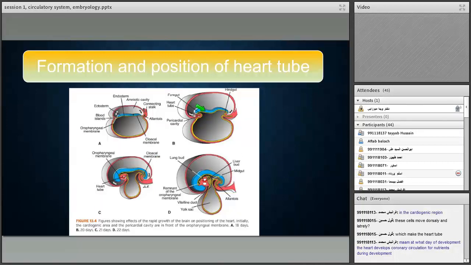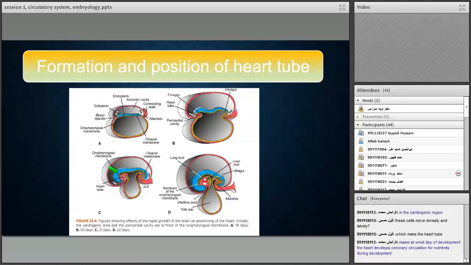Look at here. The speed of its growing is very much, mostly at the cranial side. The speed of the brain growing is very much, mostly at the cranial side. And the brain vesicles are forming like this.